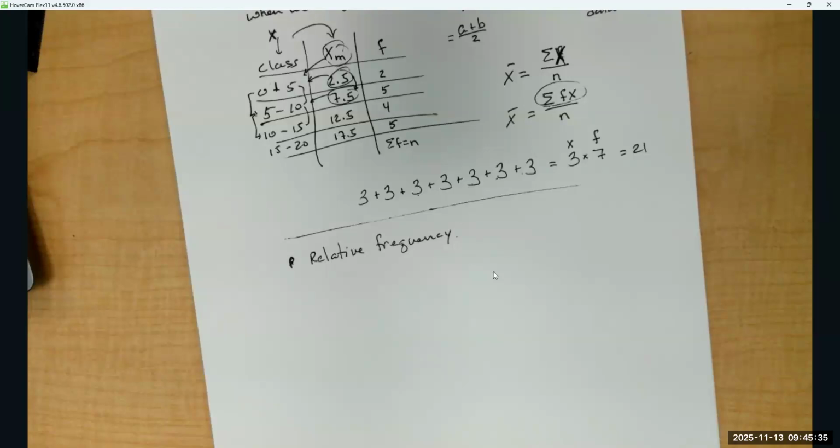What is a relative frequency? Why is it called relative frequency? Relative to overall data. Very good. Yes.